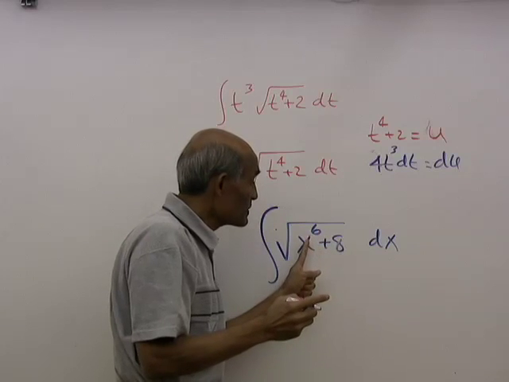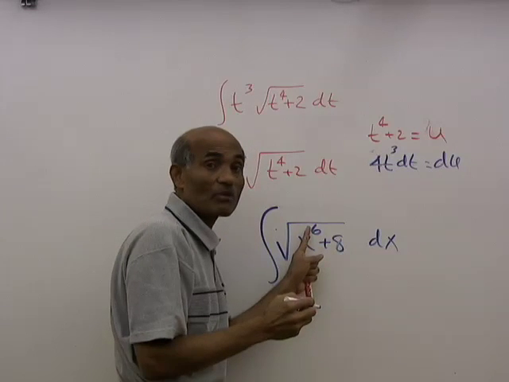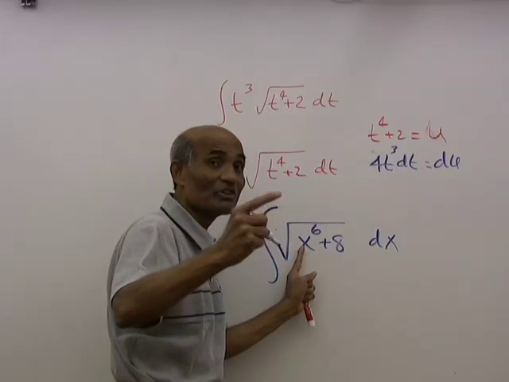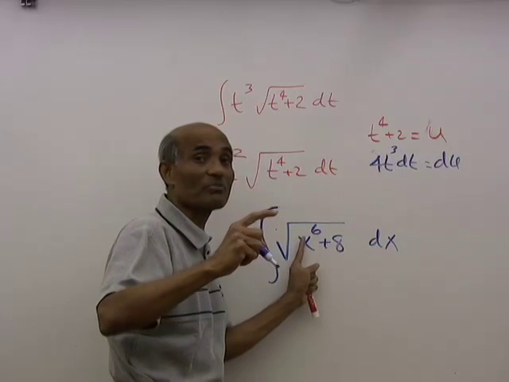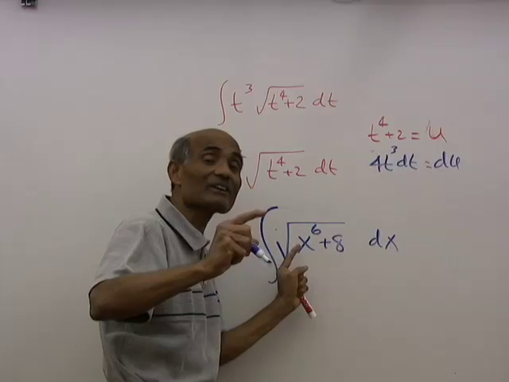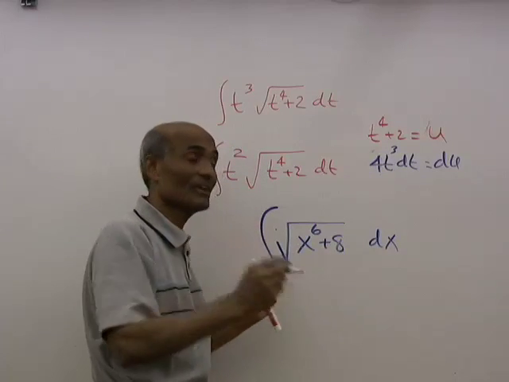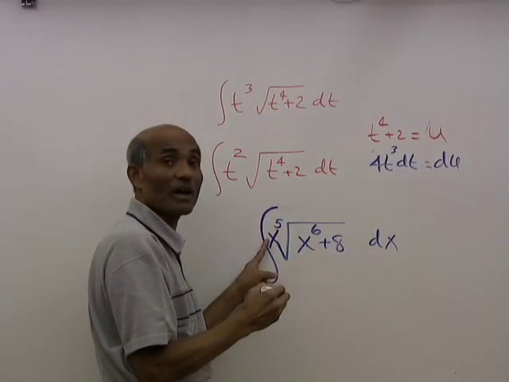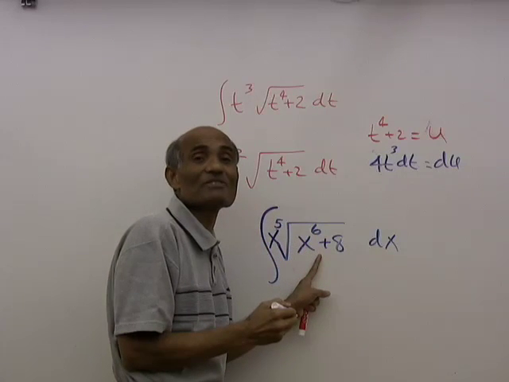Now remember, the derivative of x to the power of 6 contains x to the power of 5. That the differential of x to the power of 6 is 6x to the power of 5 dx. So if there is an x to the power of 5 outside, then this can be integrated.